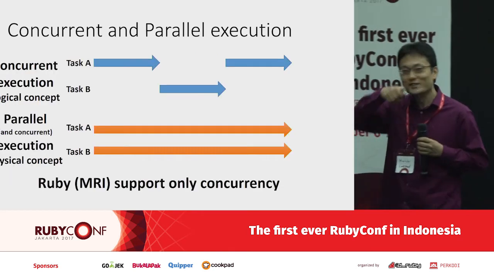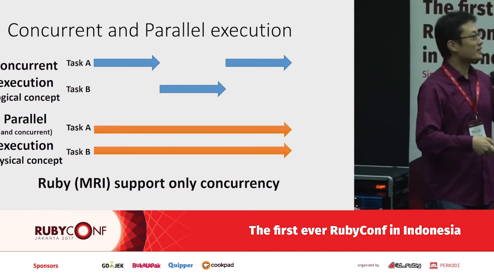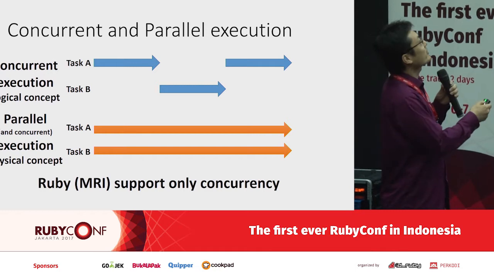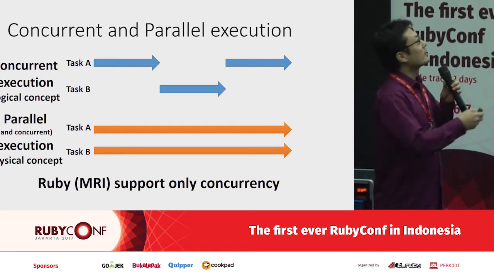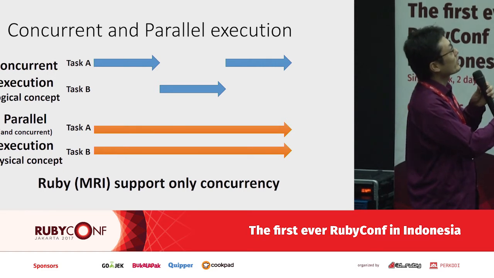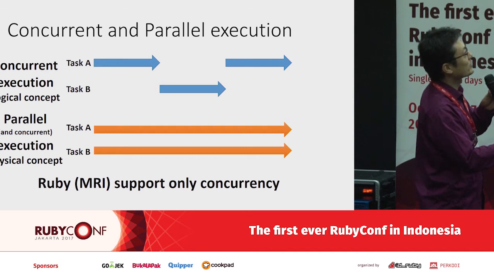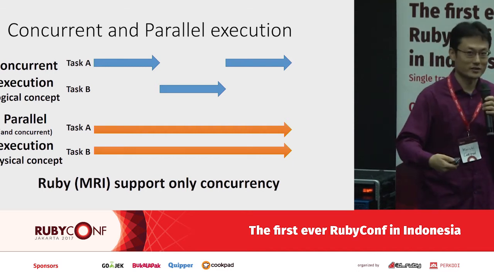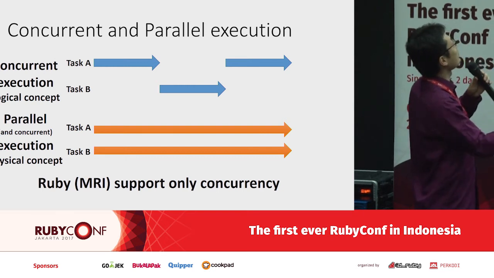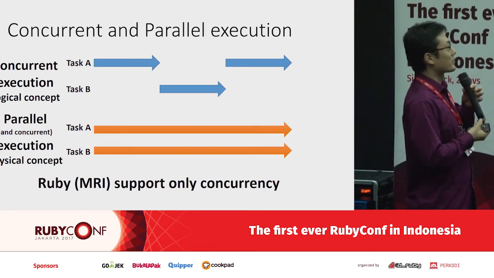This chart is very easy to understand. If we have task A and task B, we can run task A, change to task B, and change back to task A. This is concurrent execution, and it is a logical concept.